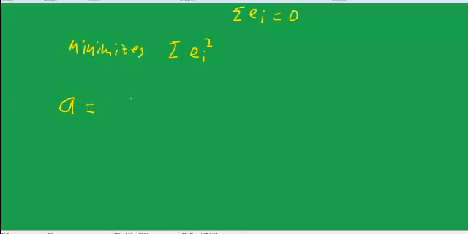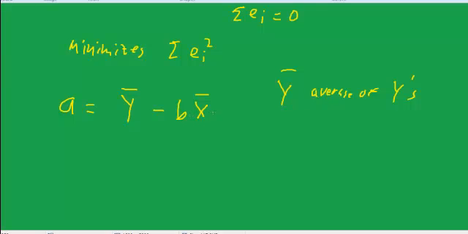So the intercept will be equal to y bar minus b x bar, where y bar is the average of all your y's. So in this case it would be the average of everybody's lung capacity.